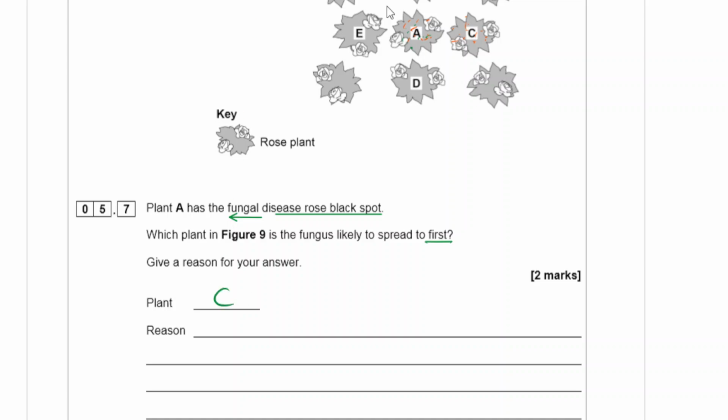The plant is C. The fungal spores, these are basically like seeds from which new fungus can grow, but they're literally like powder.